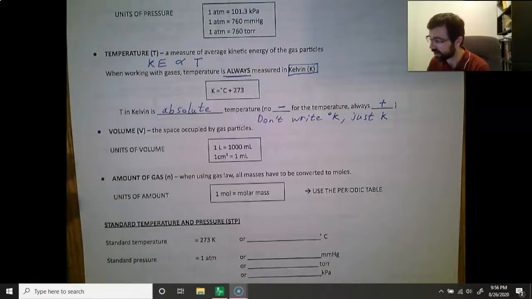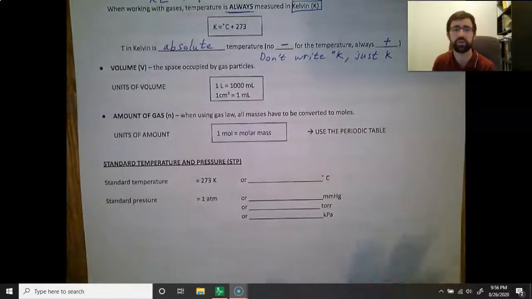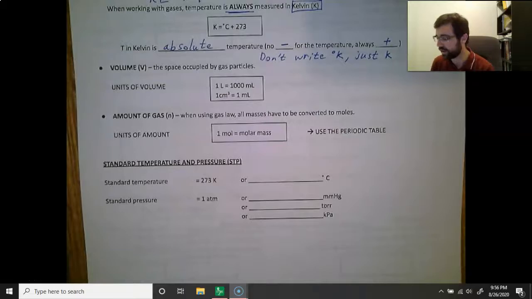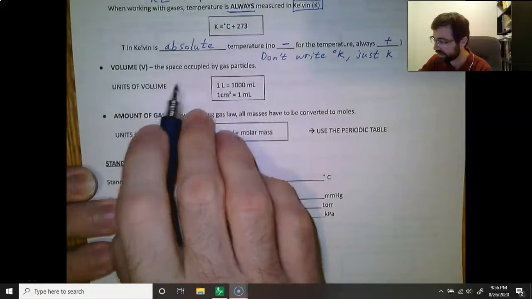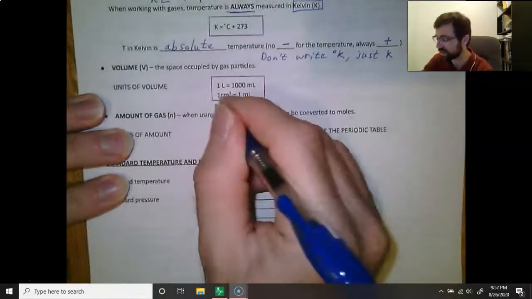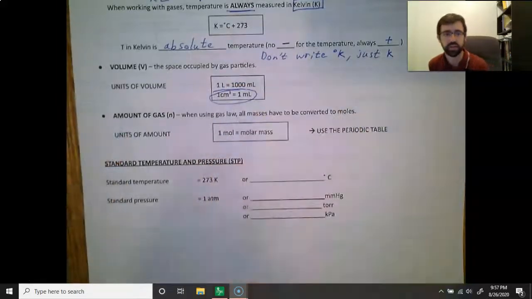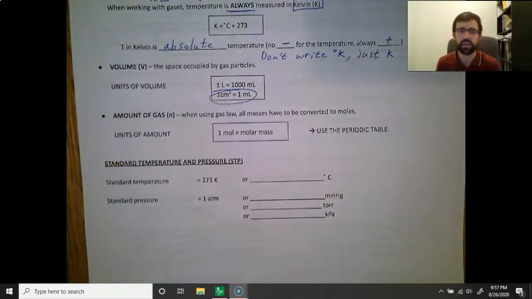All right, volume is the space that's occupied by gas particles. It's just like volume for a liquid, the same units, but we usually measure it with a different type of device. The space occupied by the gas particles, so our units are liters, milliliters, and centimeters cubed. Don't forget that a centimeter cubed and a milliliter are the same thing. So if I have 1,000 centimeters cubed, that's also 1 liter.